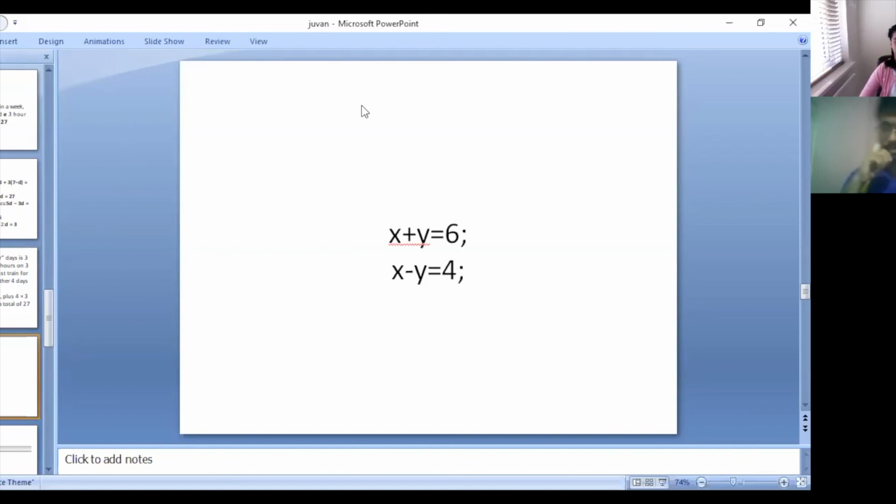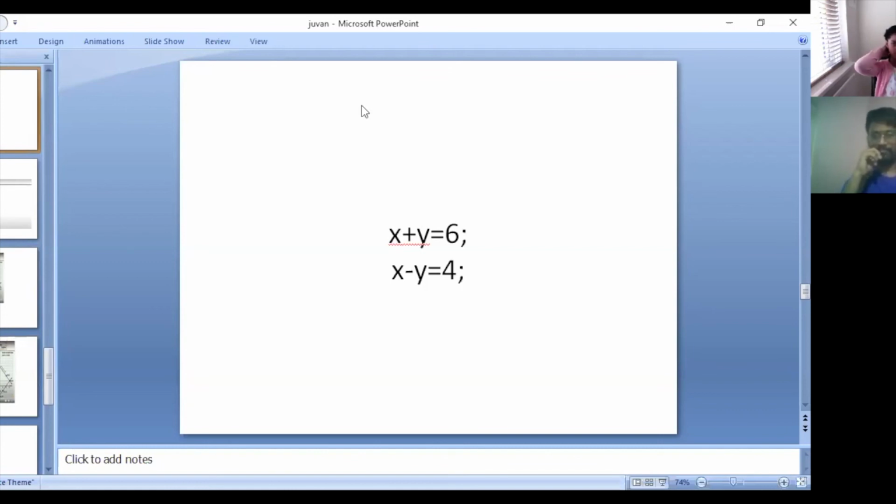The first equation is x plus y equals 6. We have to give different values for x and y so that the result remains 6. So what can be the values for x and y? 2 and 4.